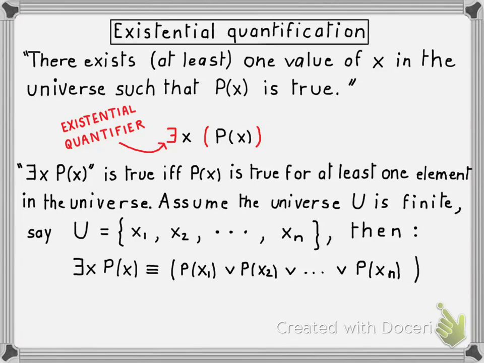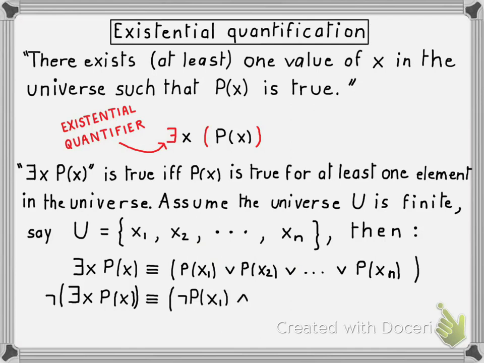Now, what happens if we negate an existentially quantified proposition? Not there exists x, P of x. What is that equivalent to? Well, again, intuitively, if it is not the case that there exists x for which P of x is true, that means that P must be false for every single element in the universe, including x1, x2, and xn.